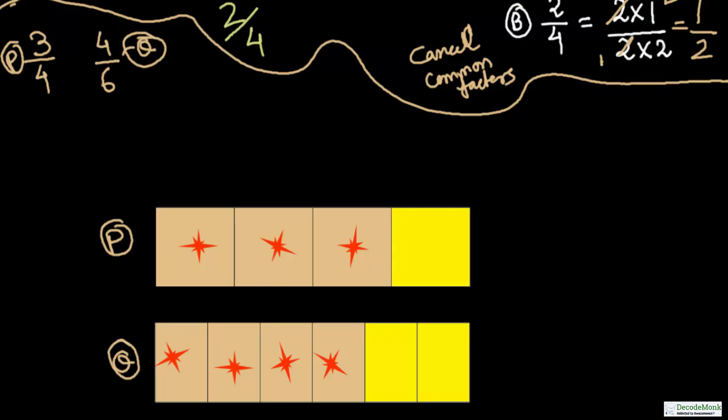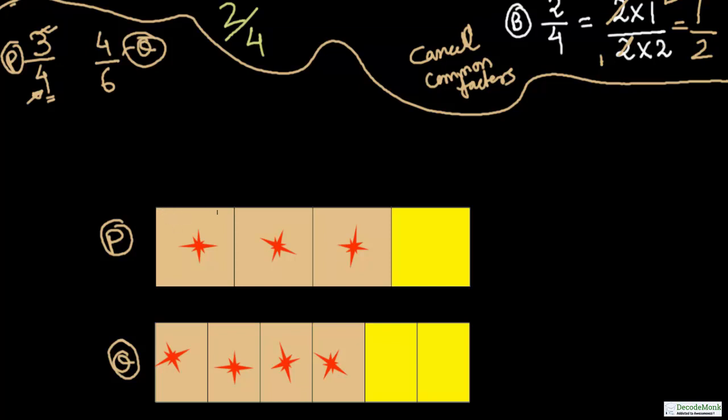After drawing rectangles of the same size, for the P rectangle the denominator is 4, that means this 4 represents the total number of parts, and therefore the rectangle P is divided into 4 equal parts, 1, 2, 3, 4, and the upper part numerator represents the number of parts under consideration.